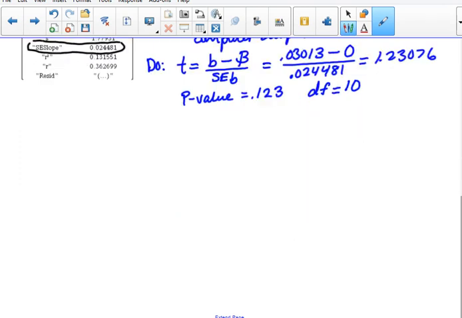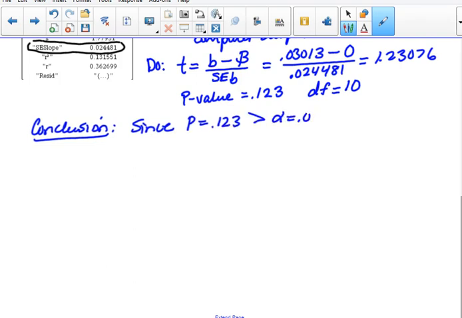So the conclusion here is very similar to any conclusion you do for any hypothesis test. So we have a large p-value. Since p equals 0.123 is greater than alpha equals 0.05, we fail to reject the null hypothesis.